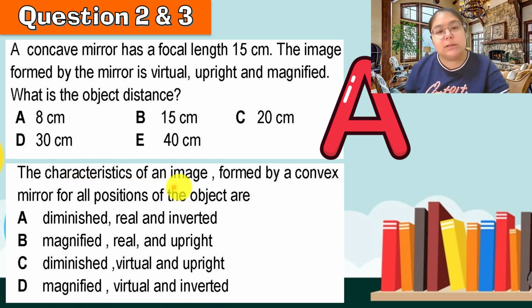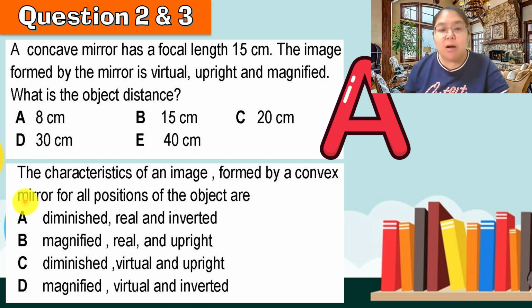The characteristic of the image formed by the convex mirror. Okay, now they're talking about convex. Let me remind you again, a convex mirror means the center is curved outward. They just have one type of characteristic. The image must be very, very small, and the area seen must be wider.